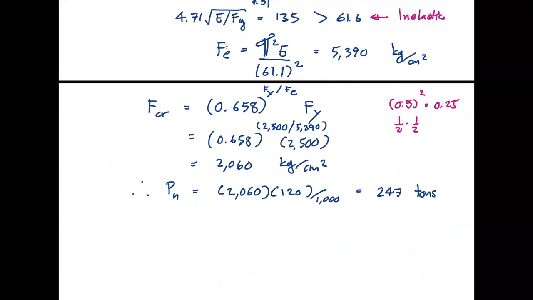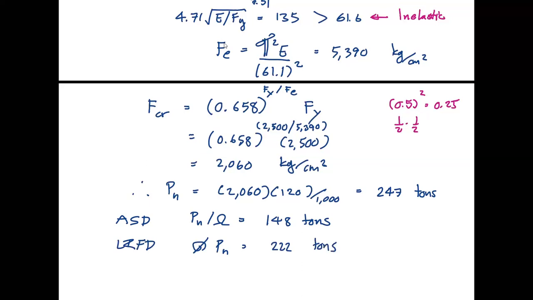In the end, if it's ASD, P nominal over factor of safety is 148 tons. And if it's LRFD, phi PN is going to be 222 tons. So that is it. Very, very simple.